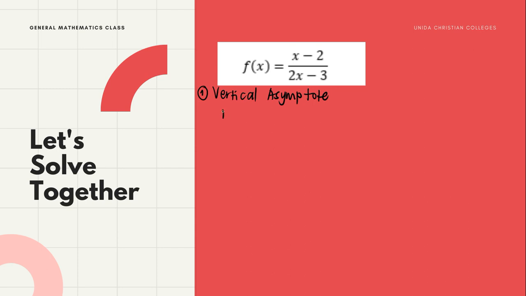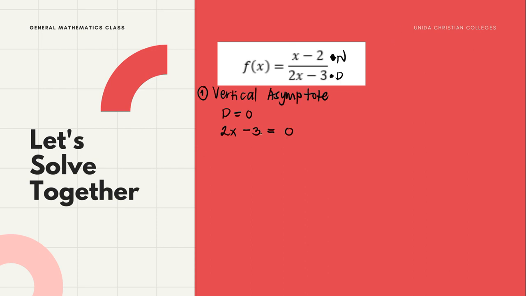We will let our denominator be equal to 0. So, ano ba denominator natin dito? Numerator. This is the denominator. So, denominator natin, we have 2x minus 3 equal to 0.